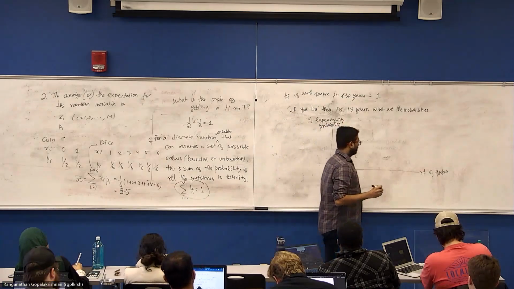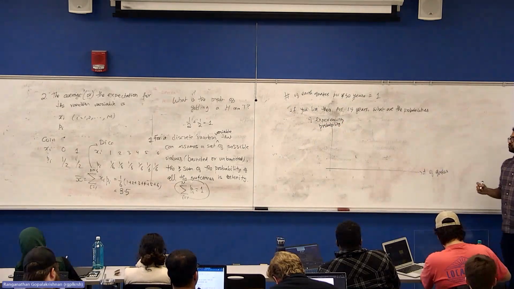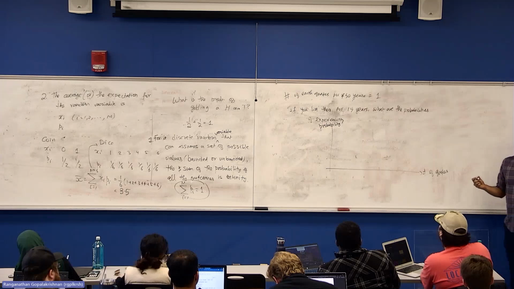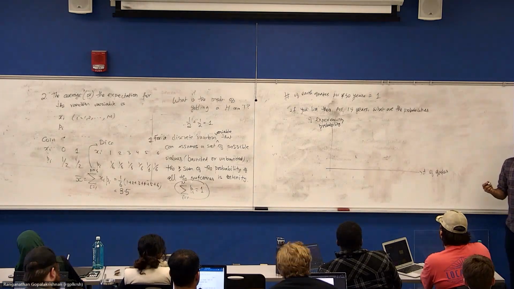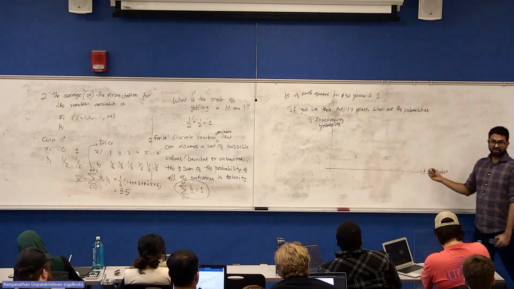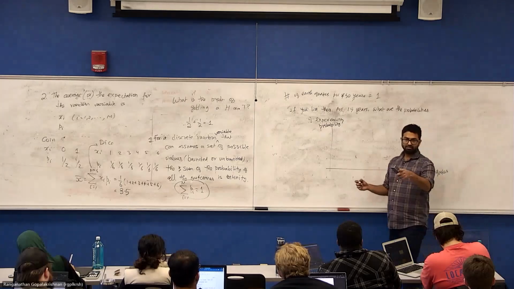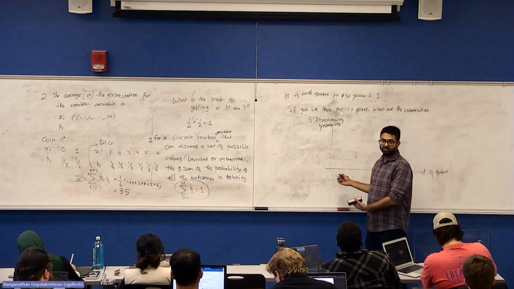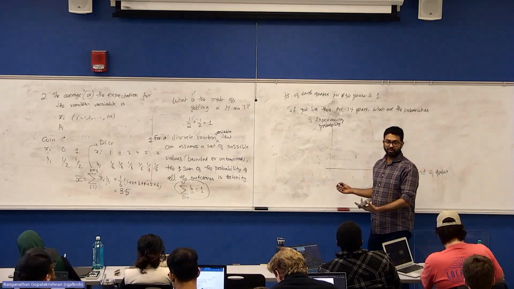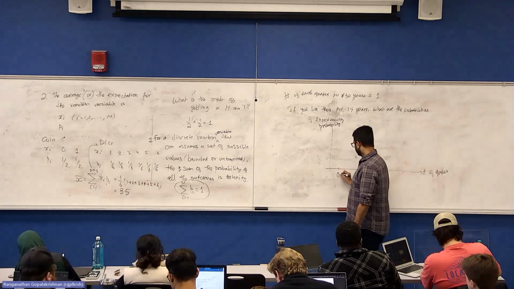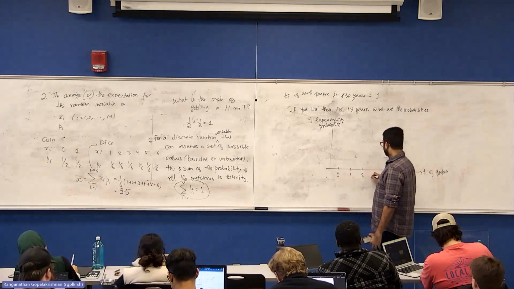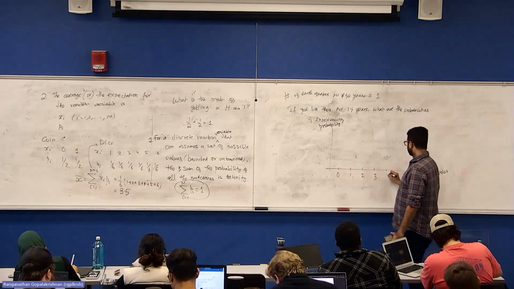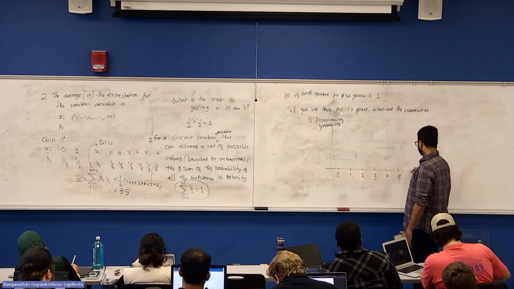Okay. What are the possible values the number of quakes can take? It can't be negative, right? It has to start from 0. It can be 0 quakes. You can live there for 15 years and never see a quake. So 0, 1, 2, 3, it can be quite large.